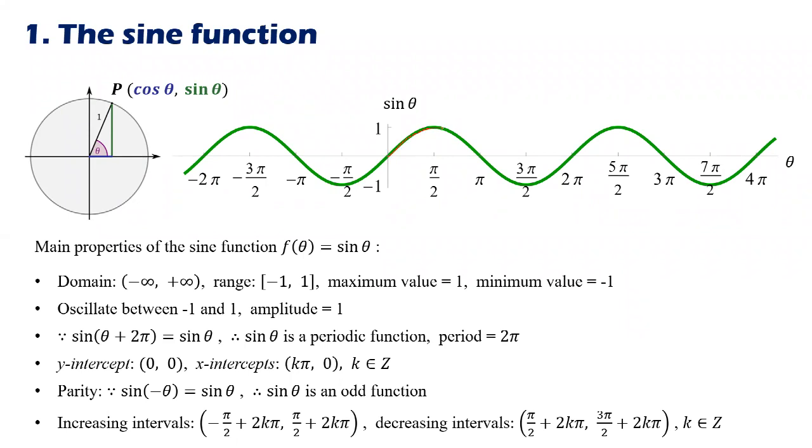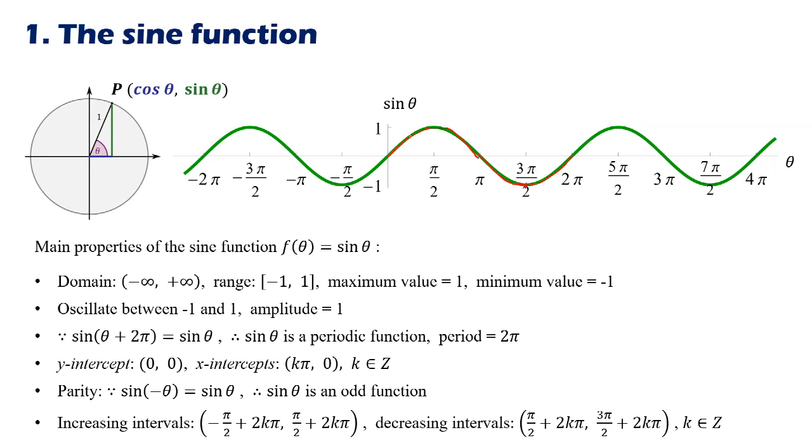And then go back to 0 when x is pi. And then when x is 3/2 pi, the function will arrive at its lowest point, which is -1. And then go back to 0 when x is 2 pi.